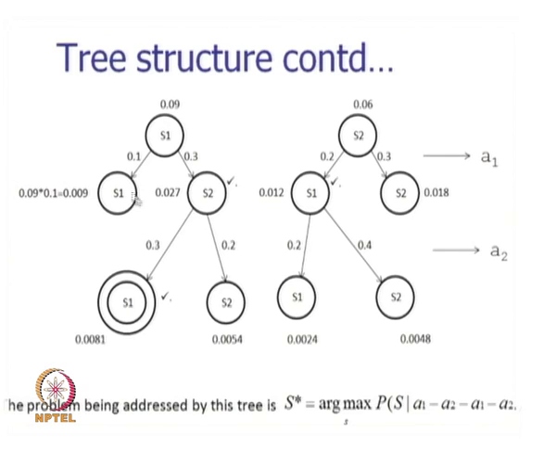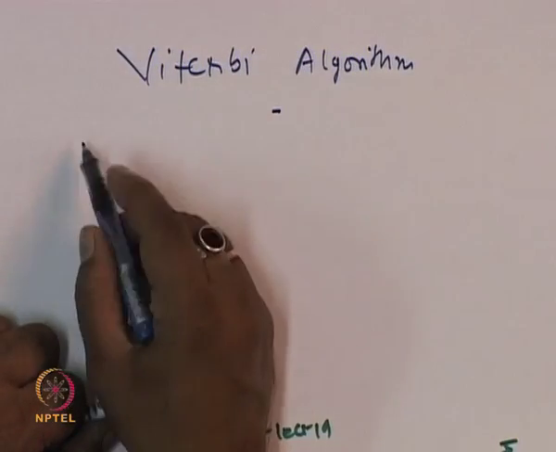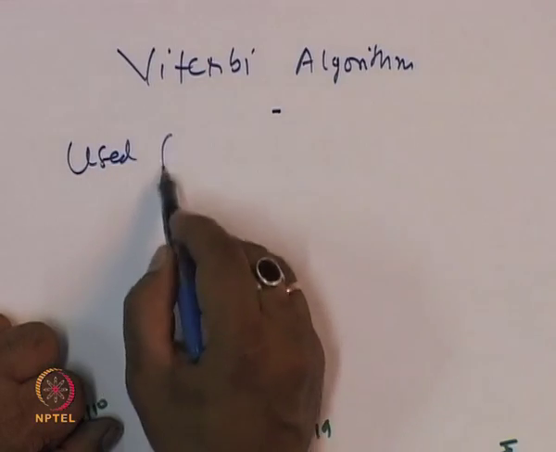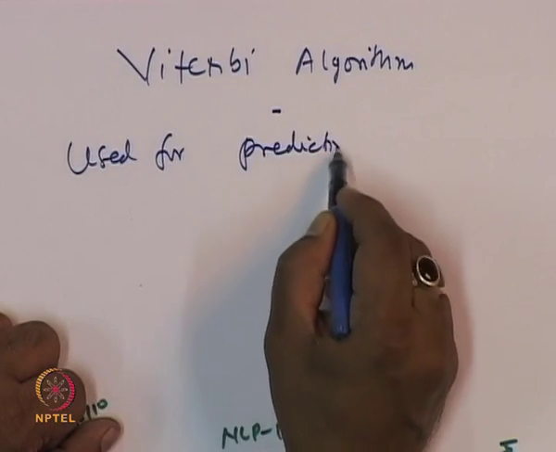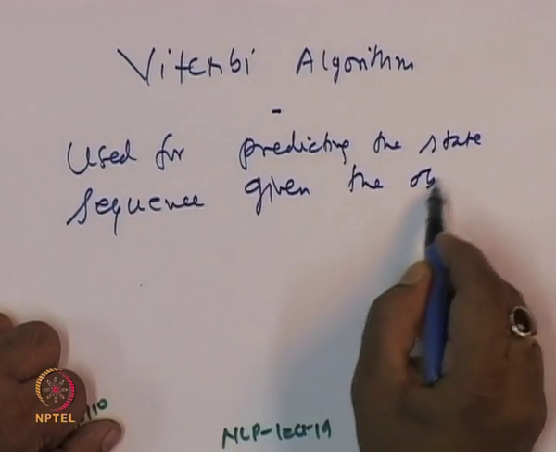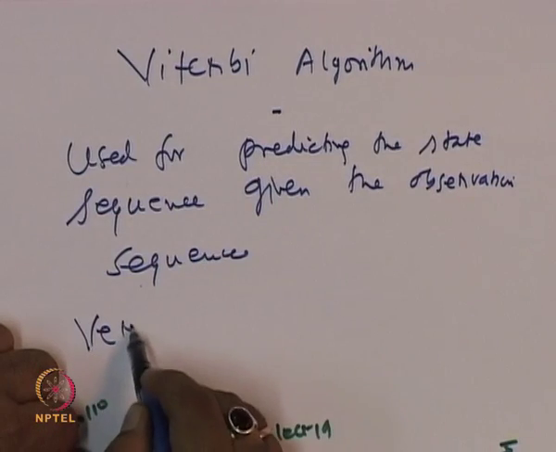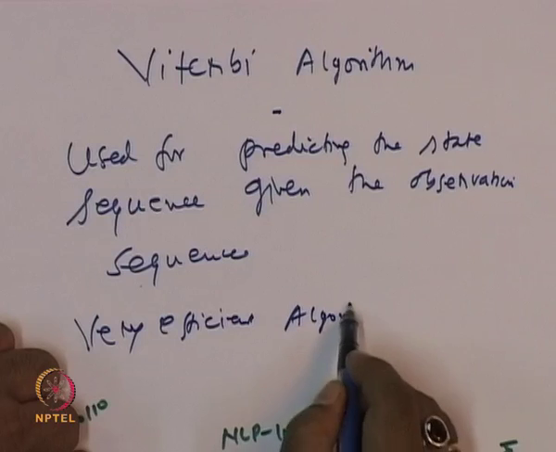Now, this particular algorithm is known as the Viterbi algorithm. It is used for predicting the state sequence given the observation sequence. It is a very efficient algorithm.